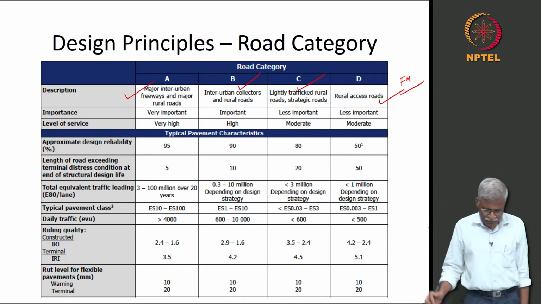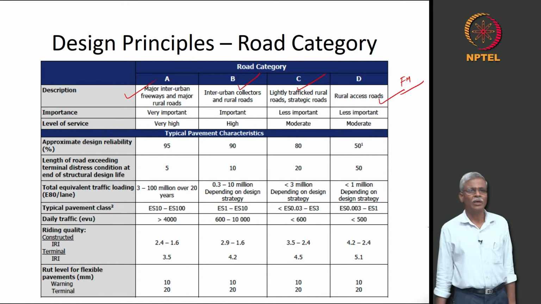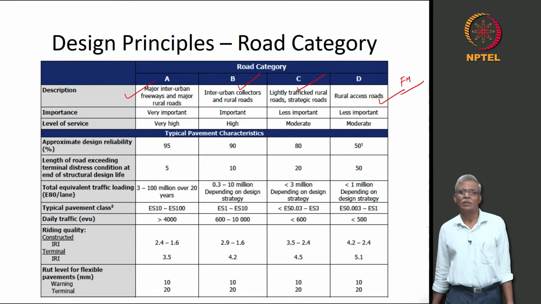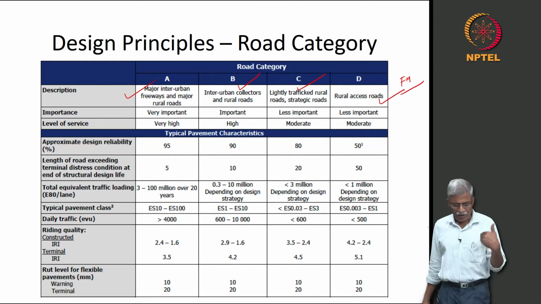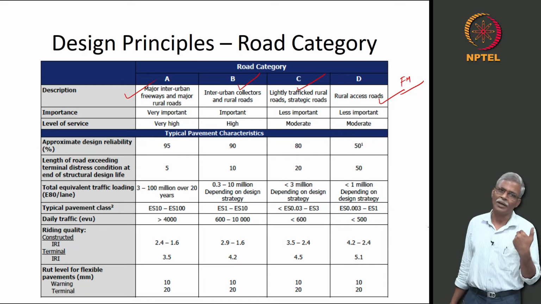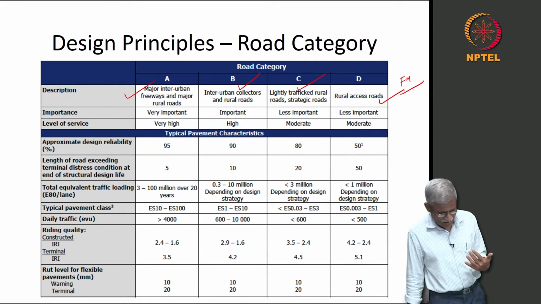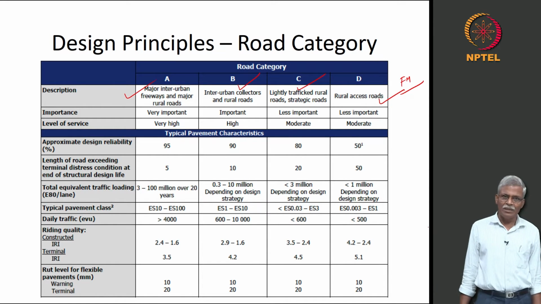Okay. Now, what is the strategic level of importance that you are looking at? Very important, important, less important, less important. Okay. Now, what is the level of service? We are looking at very high, high, moderate and moderate. And what are the typical pavement characteristics that you are looking at? The reliability that you are looking for in A is very high.